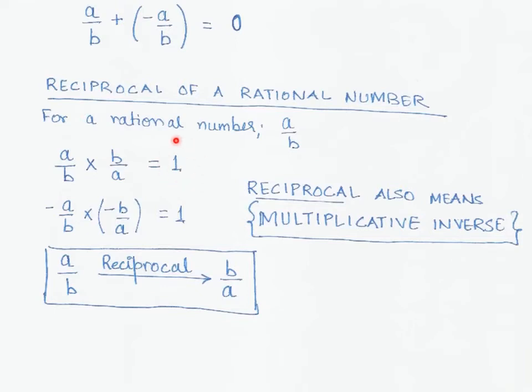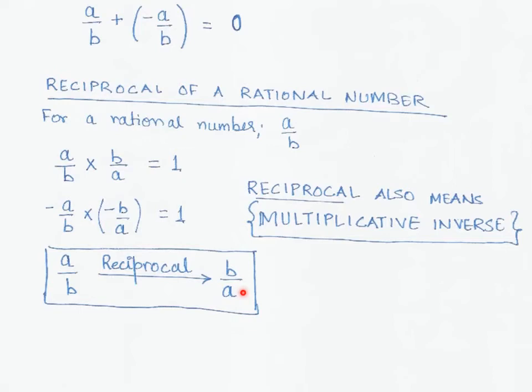So from that perspective, the reciprocal of a rational number is also known as the multiplicative inverse. I've shown here the reciprocal of a by b is nothing but b by a, which means that all we do is change the numerator and the denominator.